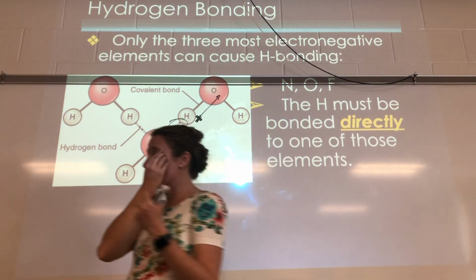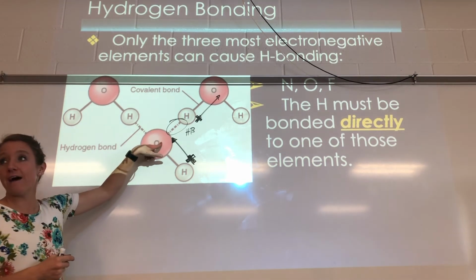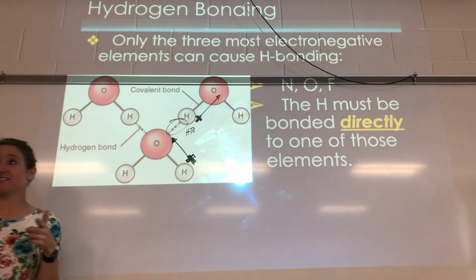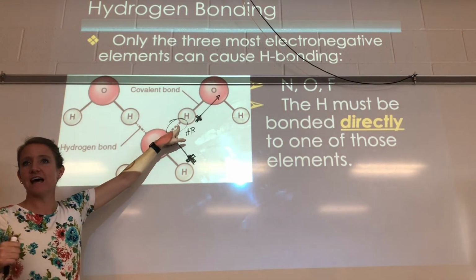So the way we often talk about it in my AP chemistry class with hydrogen bonding is look for a Knopf sandwich. Okay? You need N, O, or F, and then H on both sides. The true bonded side to form the hydrogen bond side.